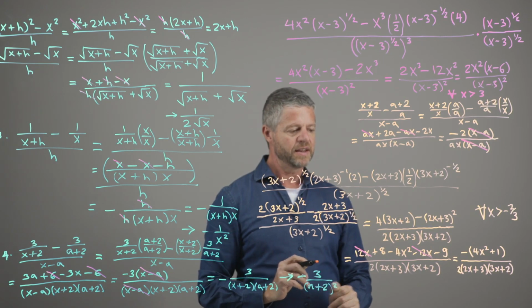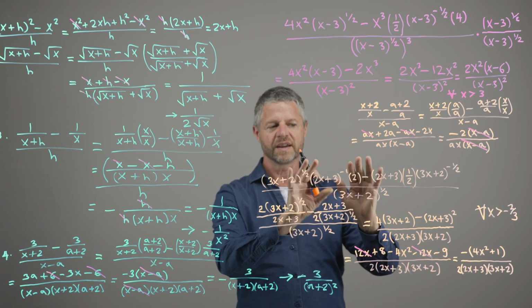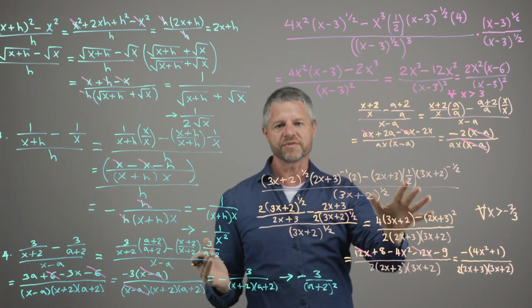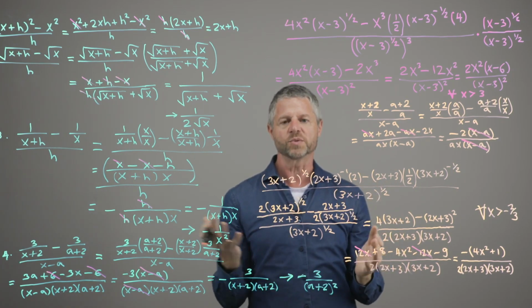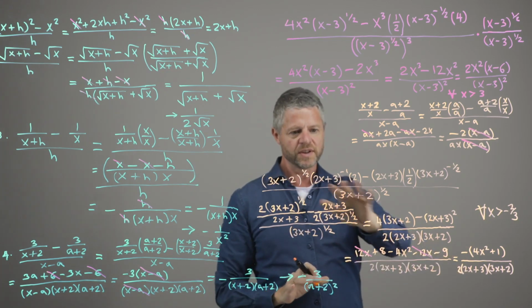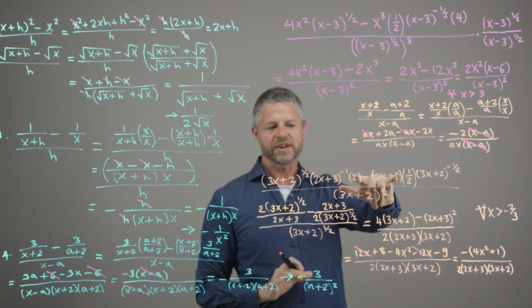And then why would we even do all this? As with this example, it's typically because we want to find out where the roots of the expression are. In other words, where does this expression equal 0? So the numerator of this expression equaling 0, well, that's really hard to figure out.